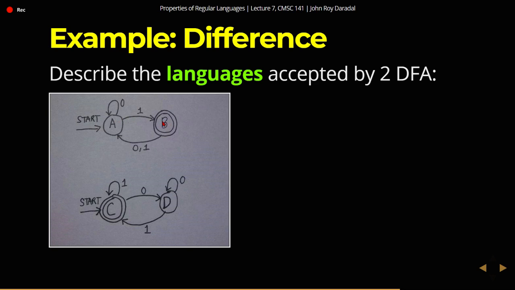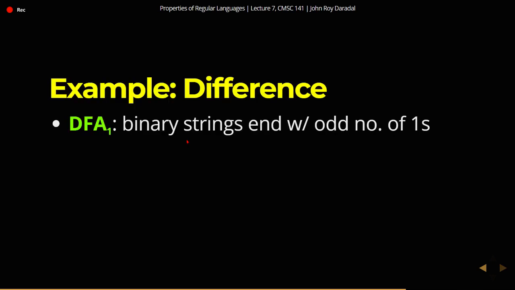Or if you end in 1, 1, 1, that's 3 ones, still odd, you still end up in B. But if you have an even number of ones, like 1, 1, then it's not accepted. Or if you end in zeros, it's also not accepted. So the first DFA is the set of binary strings that end with an odd number of ones.